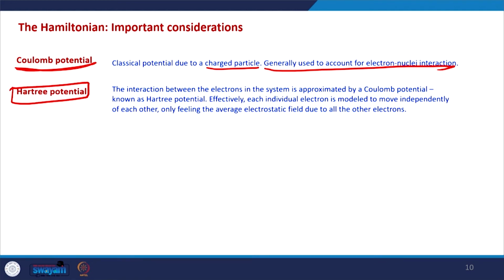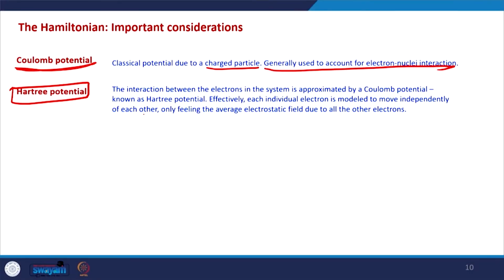What the Hartree potential does is that we reduce this problem of interacting multi-electron particles into a problem of non-interacting particles. So this electron-electron interaction is effectively modeled as an effective potential known as the Hartree potential, and by considering the Hartree potential we can assume that each electron is moving independently of each other, just feeling the average electrostatic field which is given by the Hartree potential.